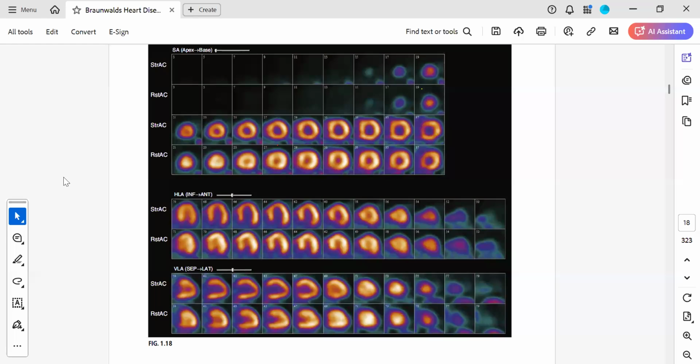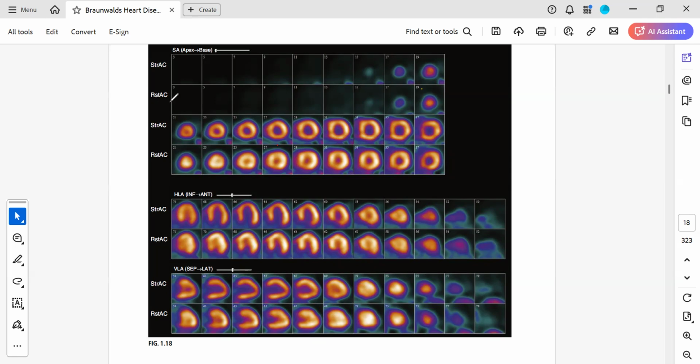So when we compare this, we realize that when you look at the cavity, the cavity at stress looks larger than that at rest, right?